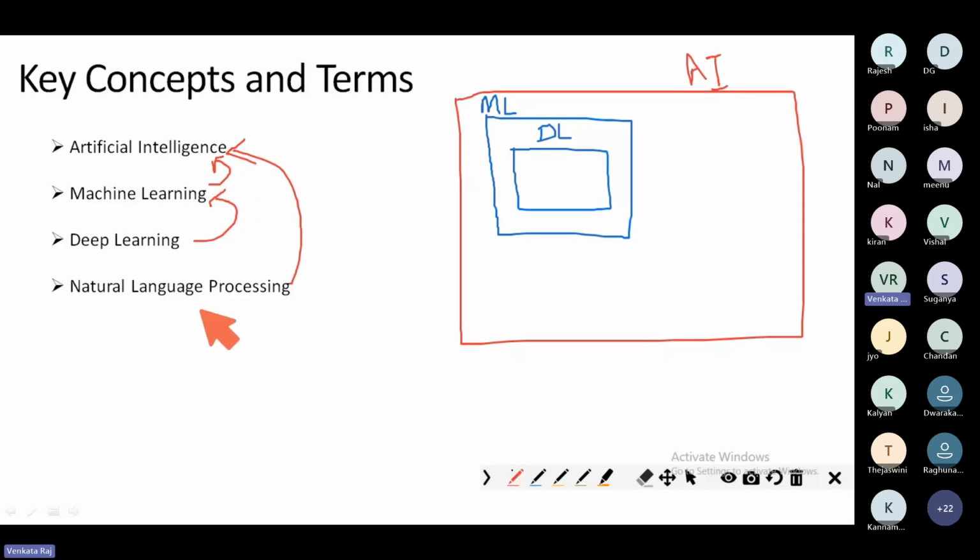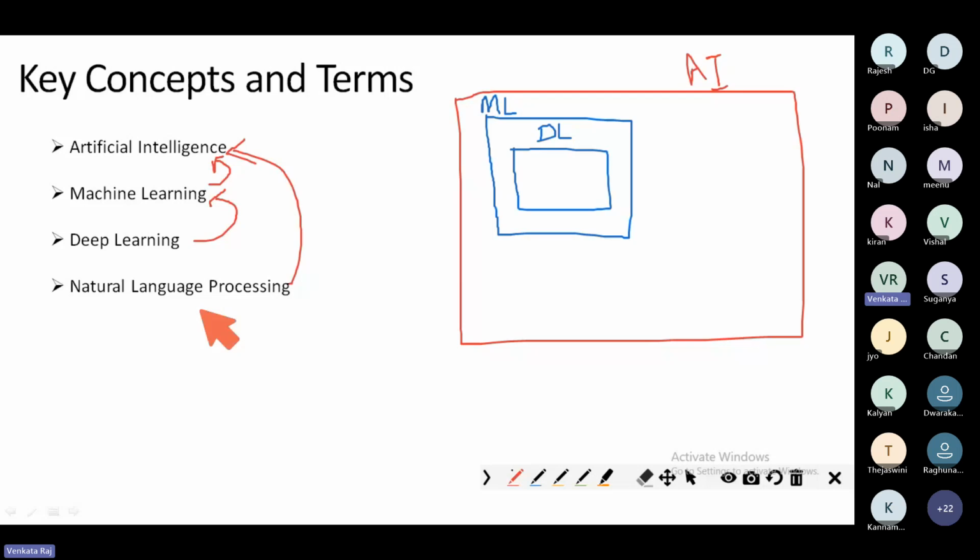So natural language processing focuses on the interaction between human beings and computer systems. It is basically dealing with the interaction between human beings and computer systems through natural language. It can decode our human language.